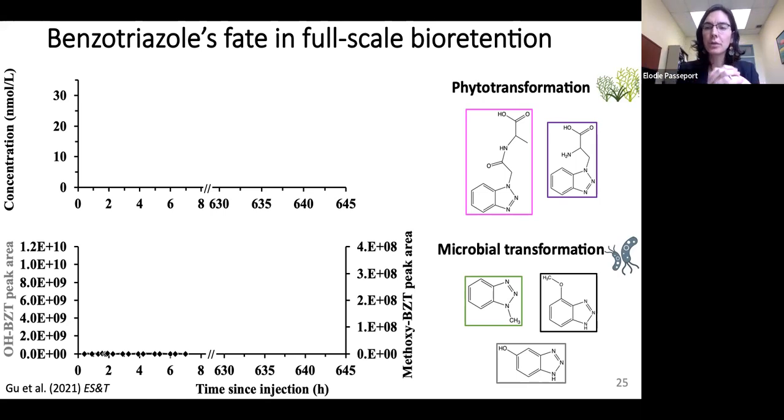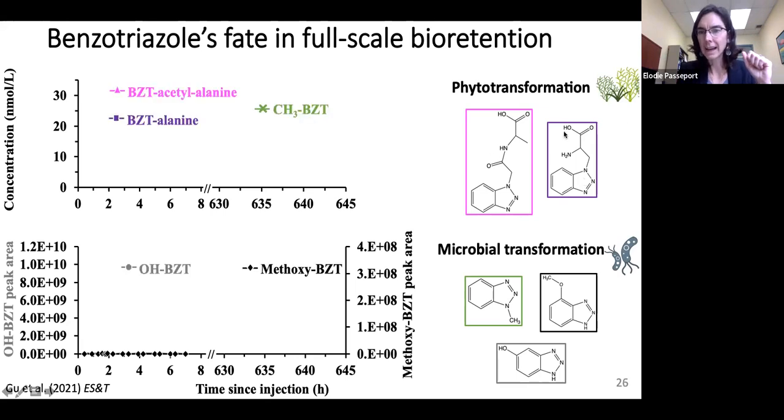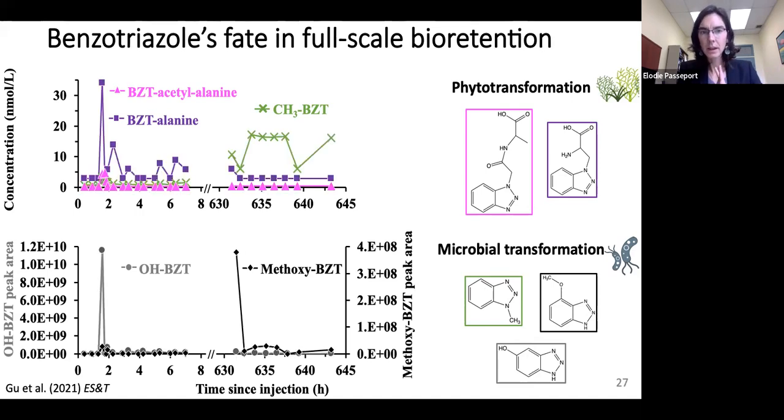But the ones I'm going to show you here are the plant transformation products, benzotriazole alanine in purple and benzotriazole acetylalanine, and then three microbial transformation products: the methyl, the hydroxy, and the methoxy benzotriazoles, which again had different isomers. These three were only found in the literature as signatures of microbial transformation, whereas these two are signatures of phytotransformation. Okay, so here are the results.